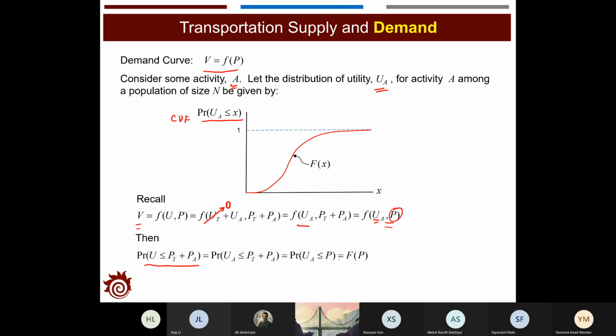If we check this one, it's just the F of P, right? So this one shows the probability that the utility has a value less than the cost.